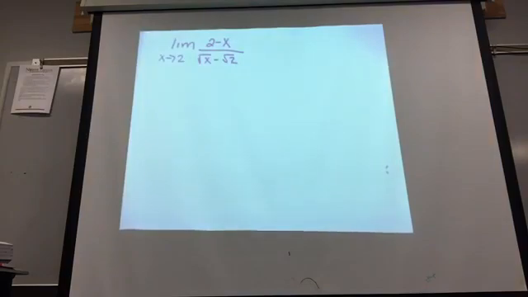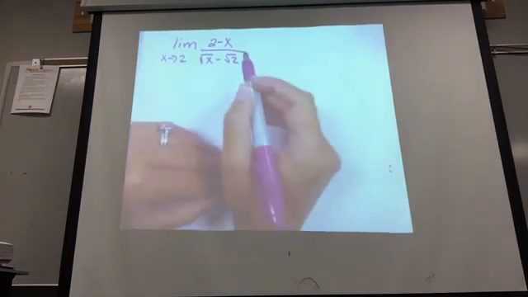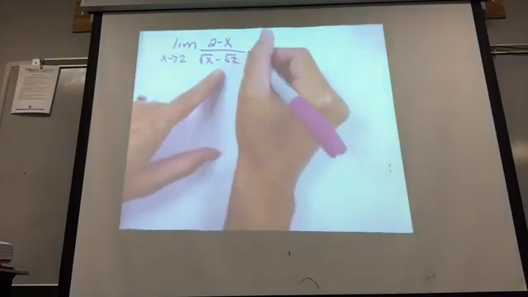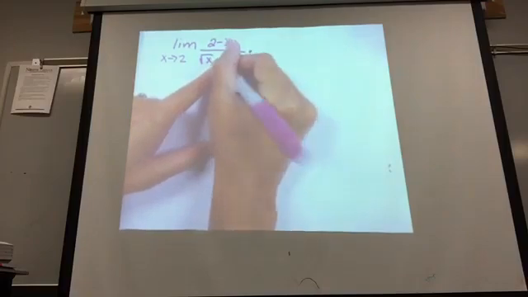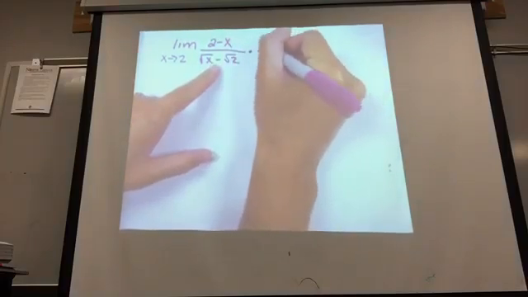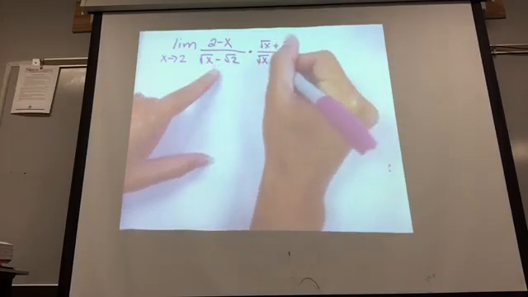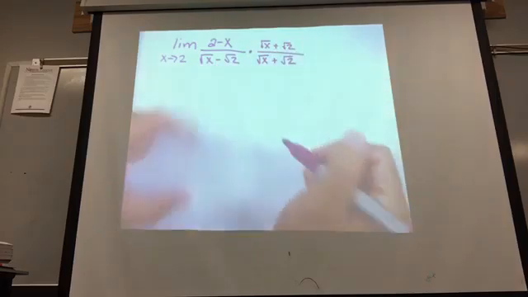And if I'm using the method of multiplying by the conjugate, I'm going to look for my expression that involves radicals, or one radical, and I have it in the denominator. So I'm going to just change that sign to a positive: square root of x plus square root of 2, multiplying top and bottom.